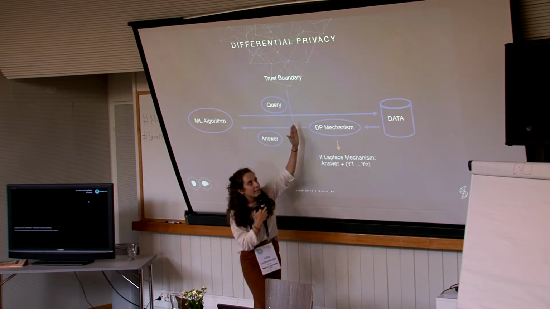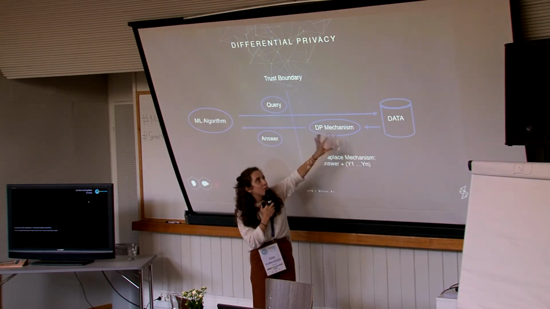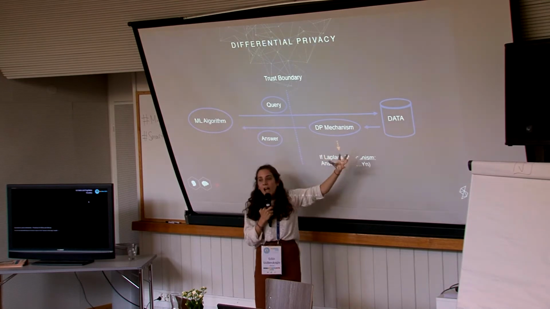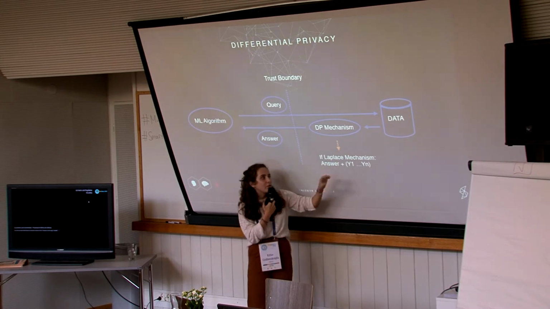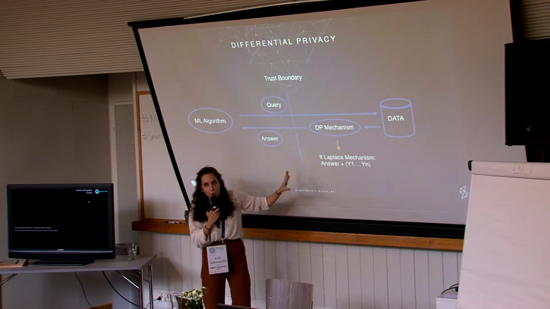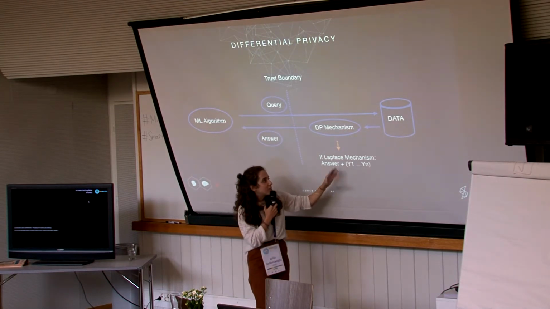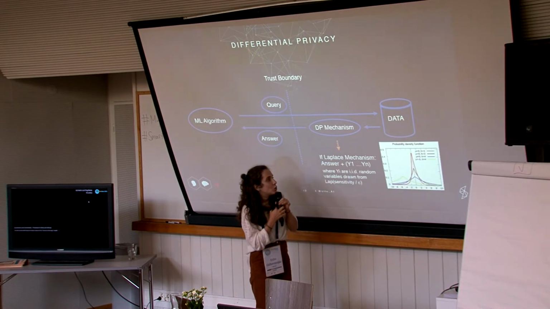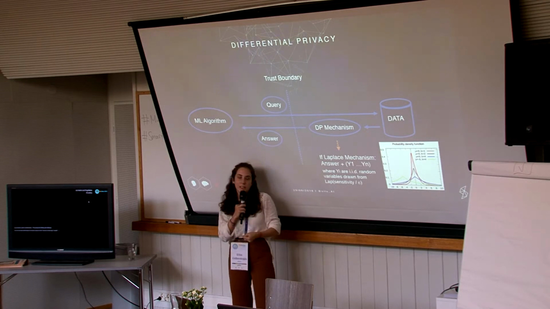But when I'm giving an answer to that query, because I'm using a differentially private mechanism, I add some noise to the answer. I won't go into detail about the calculation of this noise, but it depends on the query. You want to add noise in a way that hides the information of the most sensitive person in that dataset.